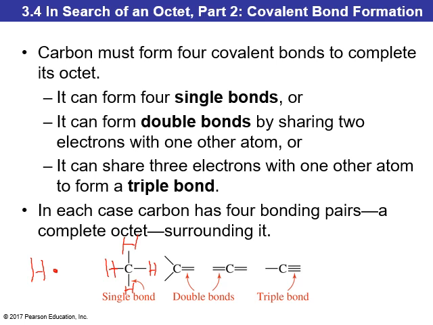Another example would be a double bond. I'm going to use this carbon here as our example, but carbon can make a double bond. A double bond means it has 2 bonds, or it shares 2 electrons with its neighboring atom. So a great atom that shares 2 electrons would be oxygen. So you could have oxygen here and oxygen here.